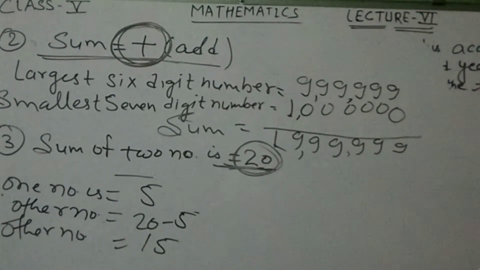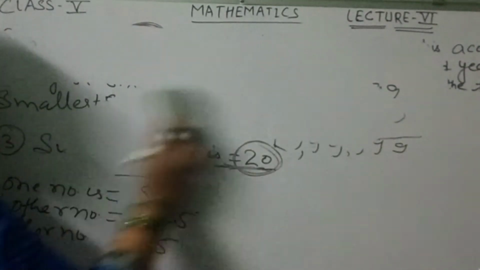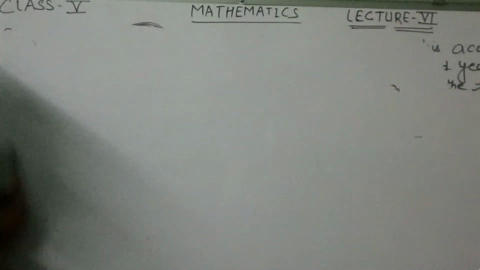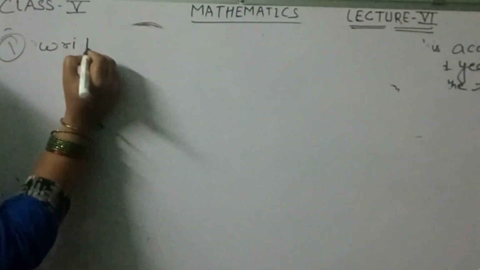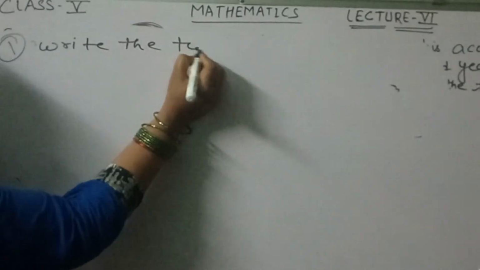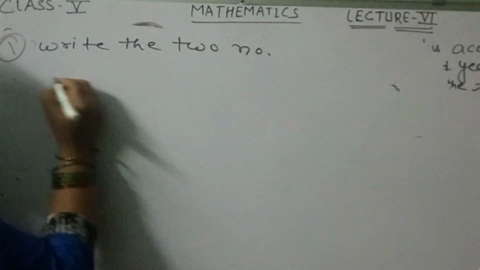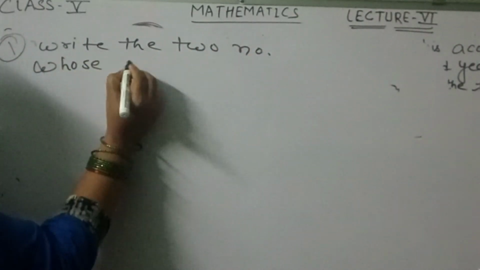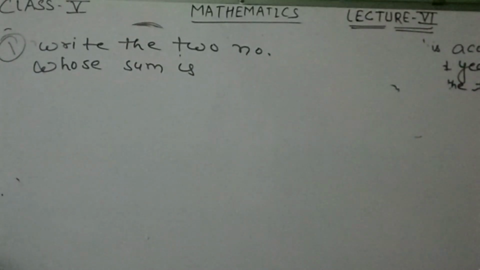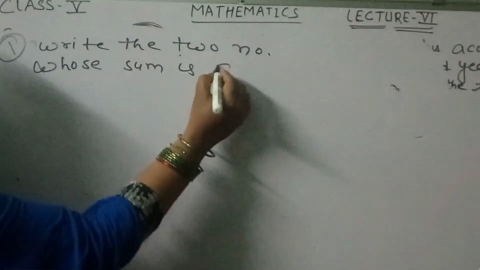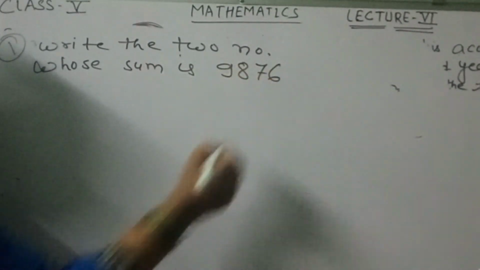Students, one more example I want to explain to you. Write the two numbers whose sum is 9876.